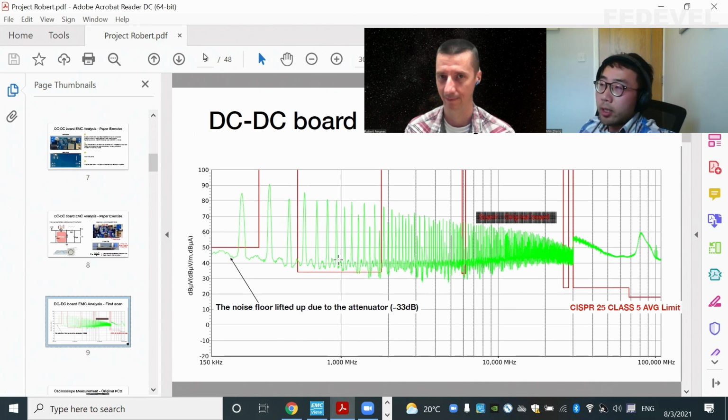In this case, I'm just doing an average scan. But as you can see, the average scan exceeds the limit by almost 30 dB. And it's exceeding the limit from 150 kilohertz until more than 100 megahertz. So it's failing literally every single frequency point.